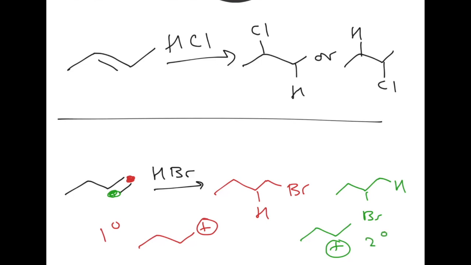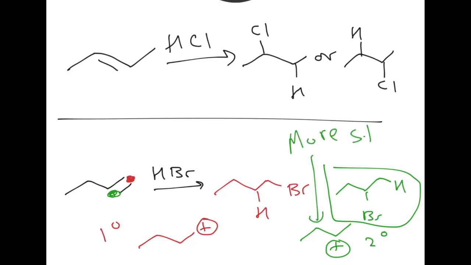What's more stable, primary carbocation or secondary carbocation? Secondary. So if given a choice, the molecule is always going to make the more stable carbocation. Molecules in reactions take the path of least resistance, right? So if given the choice between making a primary carbocation and a secondary, the molecule is going to make the secondary carbocation, and we're going to get this as our product, because this is more stable.